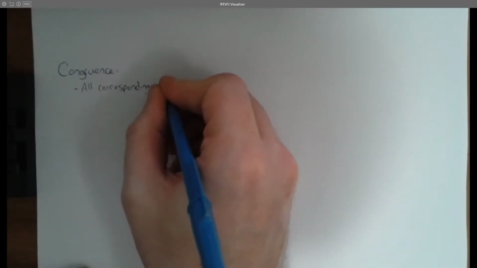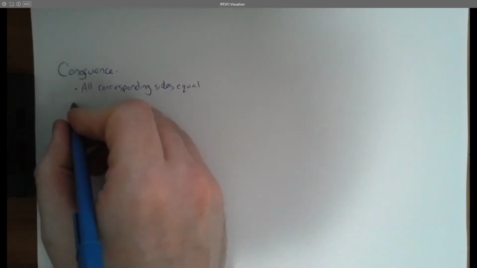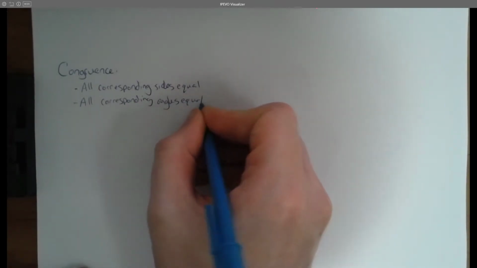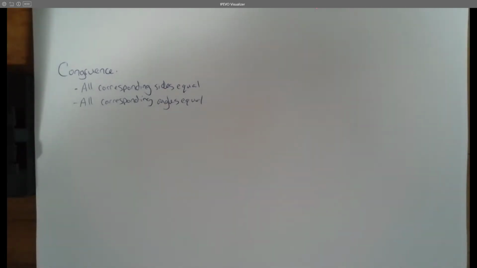And two, all corresponding angles equal. So essentially what this means is they're the same shape, exactly the same shape. It's not a bigger or a smaller version of it, it is the exact same shape. And there are some different things that we can do with congruent shapes, but they are the same shape.